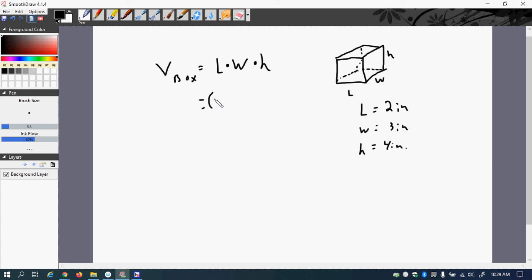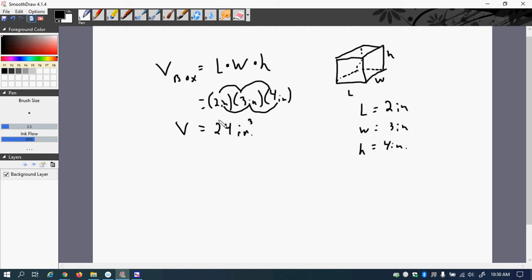That's 2 inches times 3 inches times 4 inches. Now 2 times 3 is 6, and 6 times 4 is 24. Inches times inches is inches squared, times inches is inches cubed. And so here is the volume of the box.